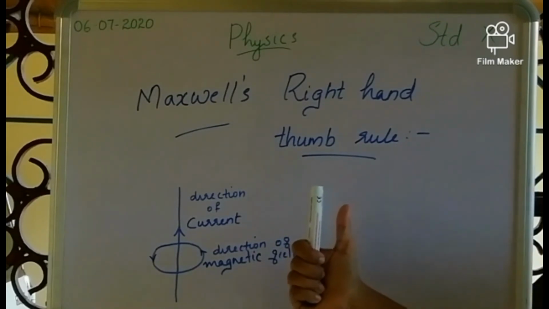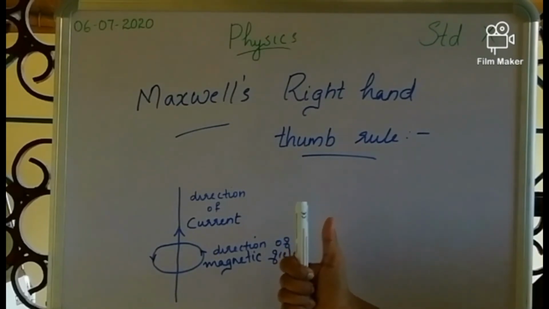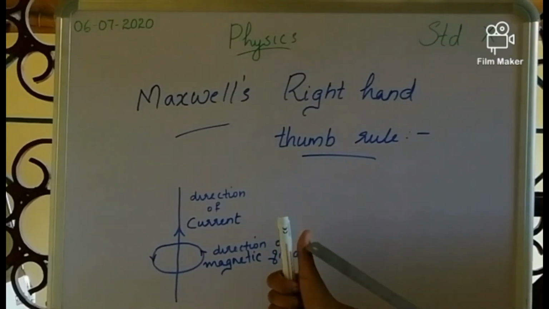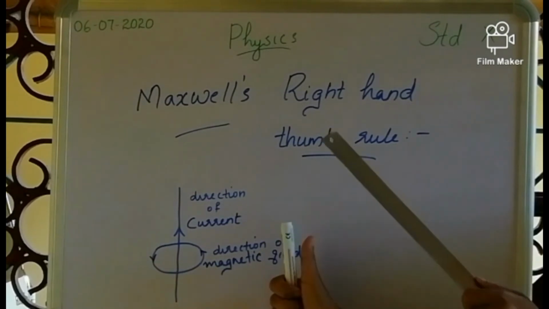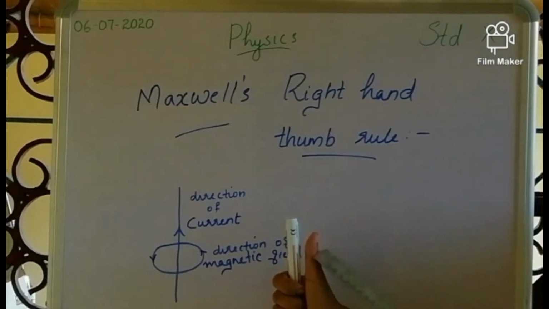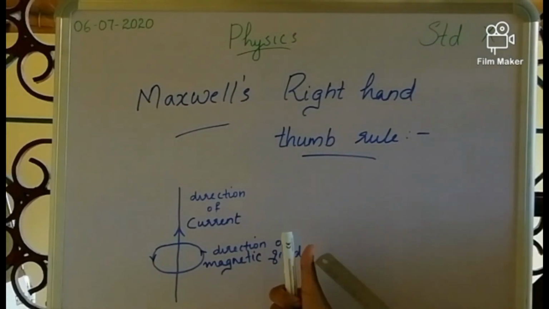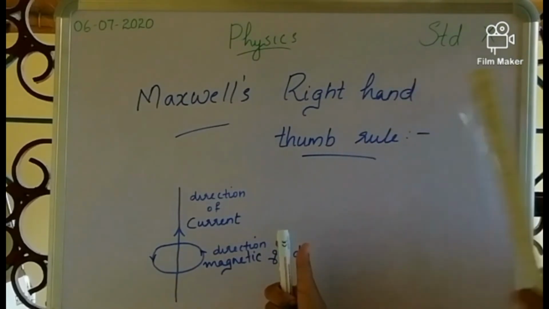Imagine that you are holding a conductor in your right hand. Then the direction in which the thumb points gives the direction of the current. Here, in which direction is this thumb? Upward direction. So the current is flowing in the upward direction.